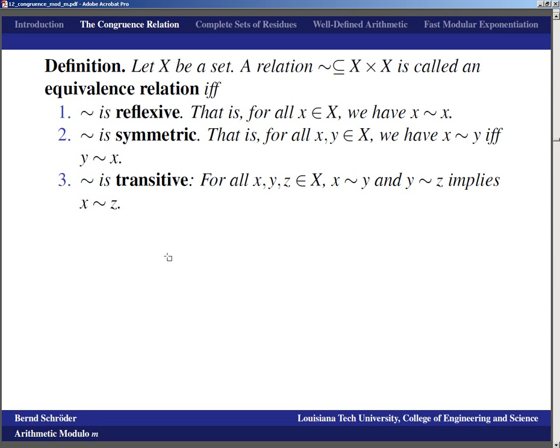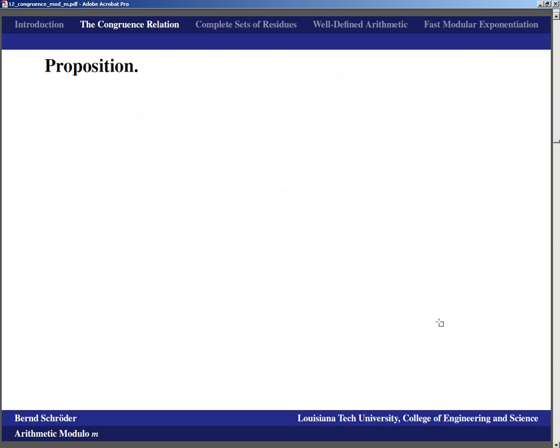But we're going to see that equivalence modulo m, we're going to prove that on the next panel, that also is an equivalence relation. And so basically what that means is that equivalence is very similar to equality, but it is just not quite equality, and that's going to be good enough to have all sorts of really nice consequences for us.